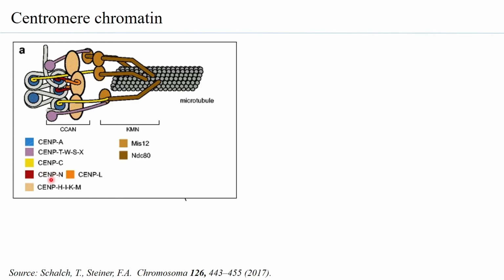It also binds to CENP-N. This maroon colored protein over here interacts with CENP-C, and you can see it is very clearly interacting, and you also have CENP-L interacting with CENP-C. So basically CENP-C is a protein that can interact with many centromeric proteins other than CENP-A itself.